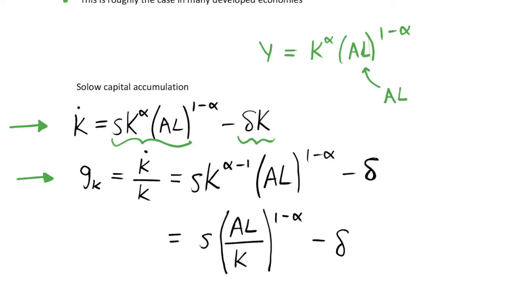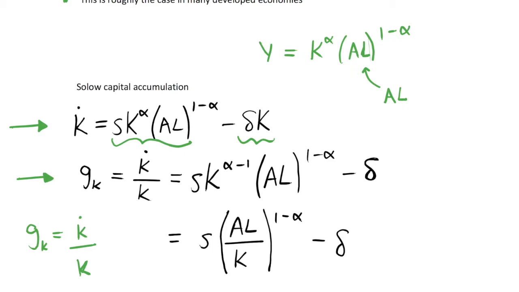I'll try to give some hints at when we're using each specific growth rate rule in this video, but we can define our growth rate as K dot over K, and K dot of course is the derivative of this variable with respect to time.